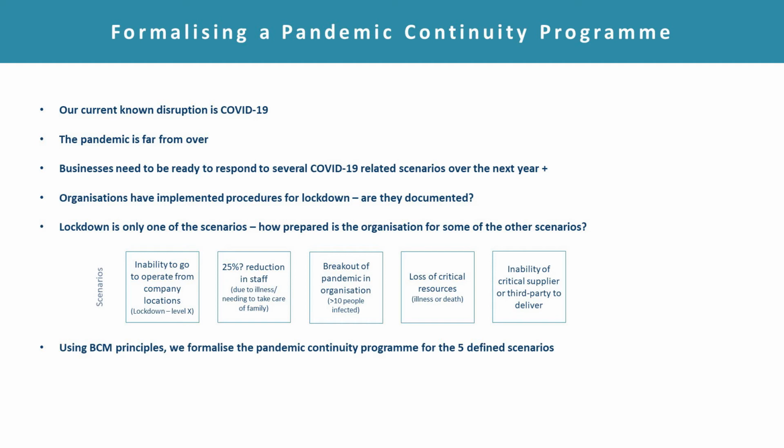Scenario 2 is slightly different in that we could have a percentage of people who are not able to work, or a reduction in staff. The difference here is that in scenario 1, people were able to work, but in scenario 2, they may not actually be able to function and operate and therefore work.